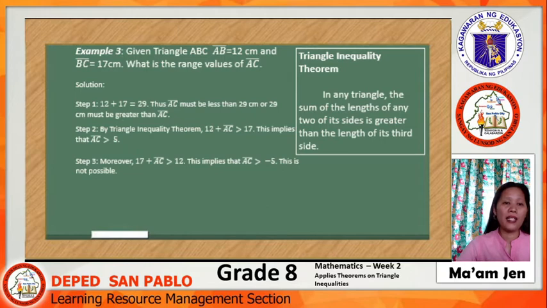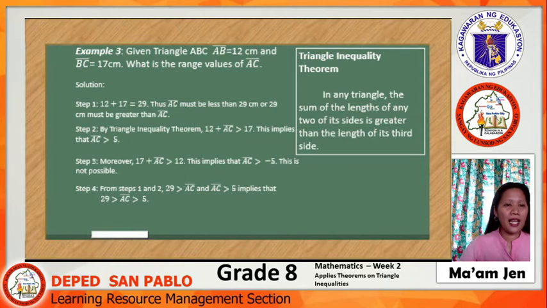So this implies that segment AC is greater than negative 5, and this is not possible because we don't have a side that is negative. We don't have a negative measure of a side. Next, step 4. From steps 1 and 2, we have 29 is greater than segment AC, and segment AC is greater than 5.